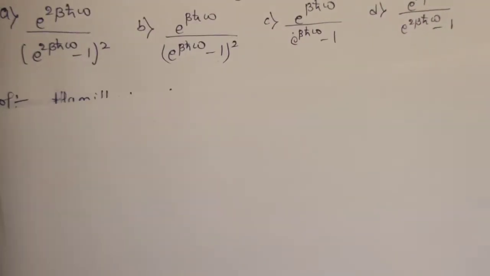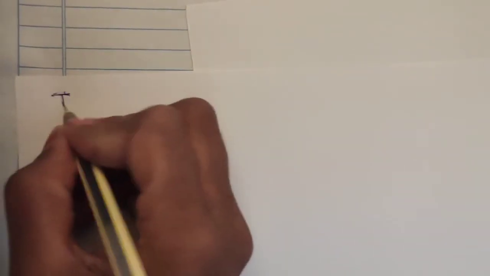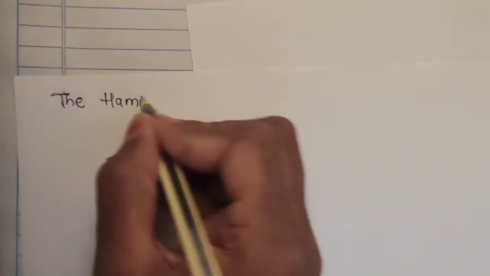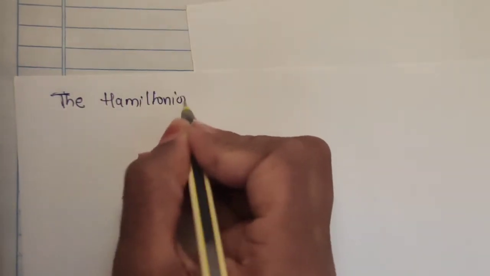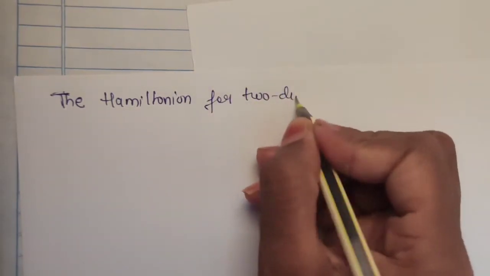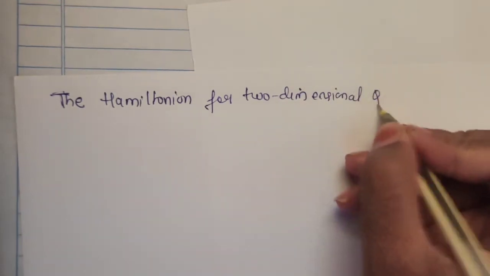Before solving, let us first note the Hamiltonian for a 2-dimensional quantum oscillator.